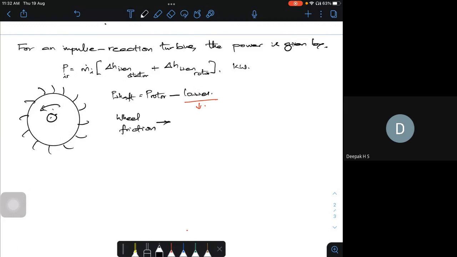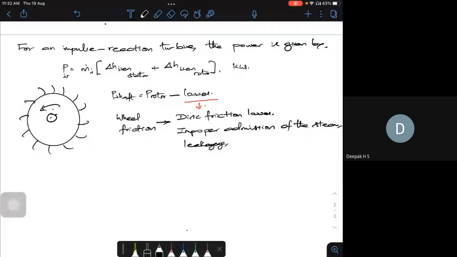In wheel friction losses, there can be disc friction, and there may be improper admission of the steam, or there can be leakage, or some kind of frictional vibration that may lead to all these things.